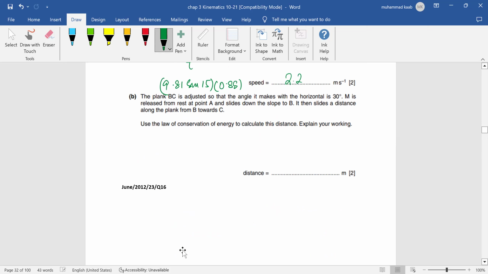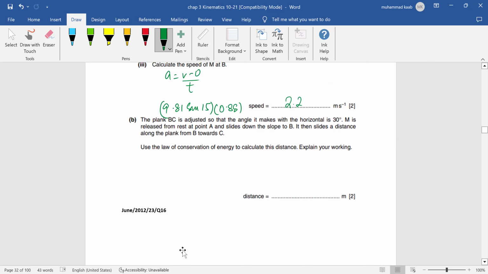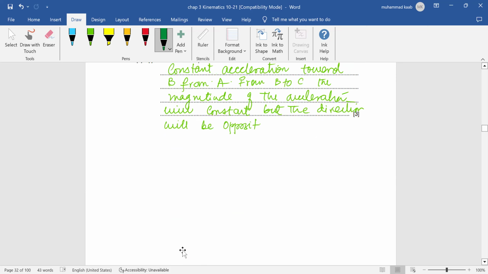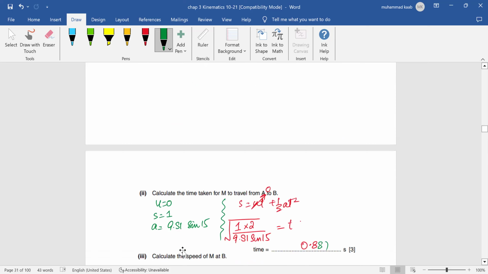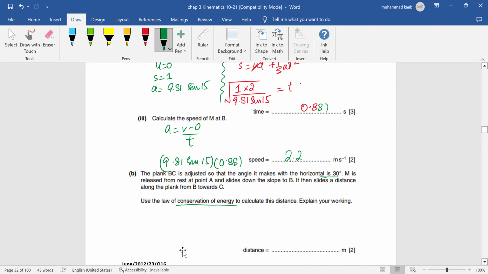Now look, they're saying use the law of conservation of energy, right? They just make a little change by increasing the angle from 15 to 30. Even after increasing the angle to 30, you can still solve this question using kinematics, but the restriction here is to use the energy method.